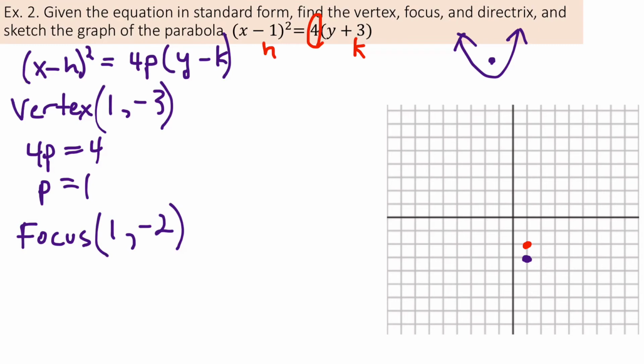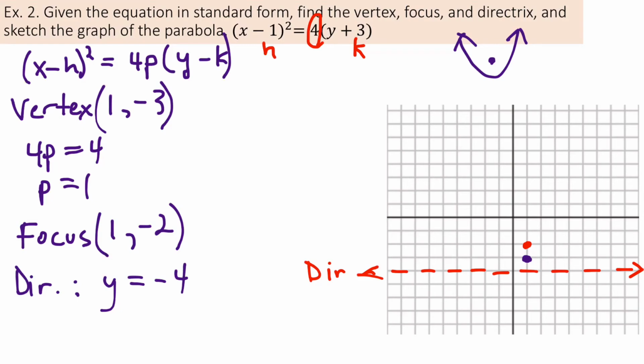All right, so then for the directrix, it's going to go in the other direction by that same amount, 1. So I'm going to draw it in here. So this is my directrix. So this time it's a horizontal line. So my directrix is going to have the equation y is equal to -4.